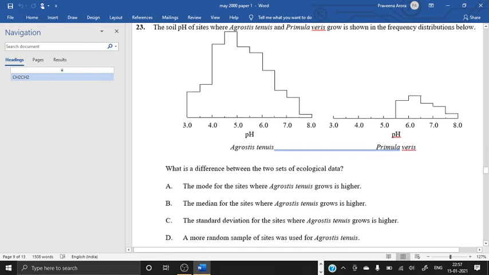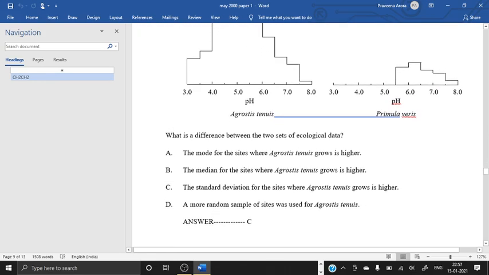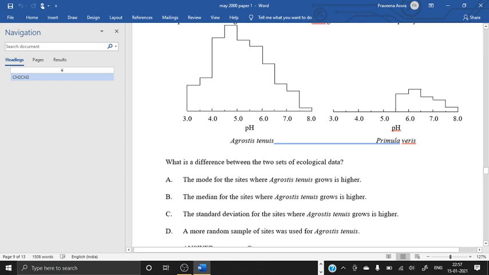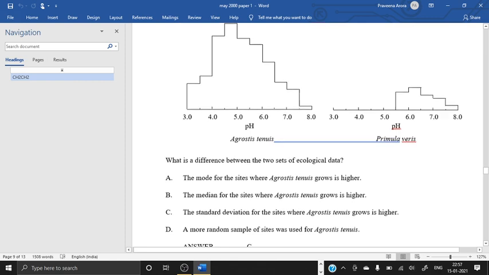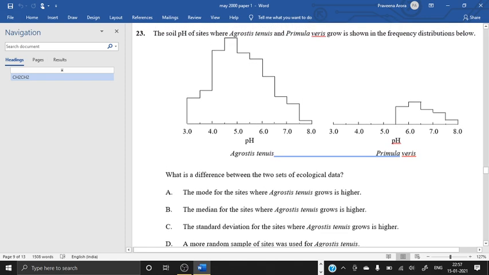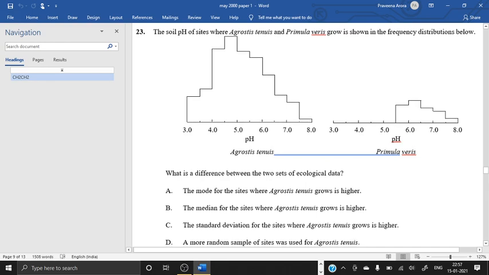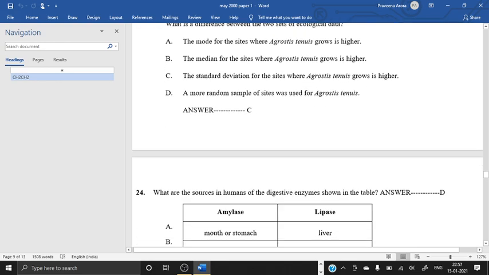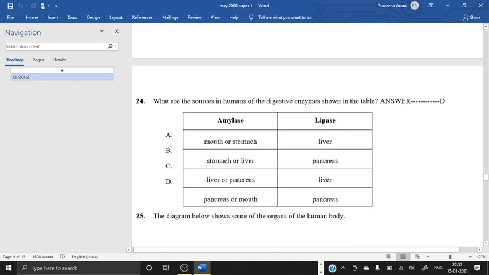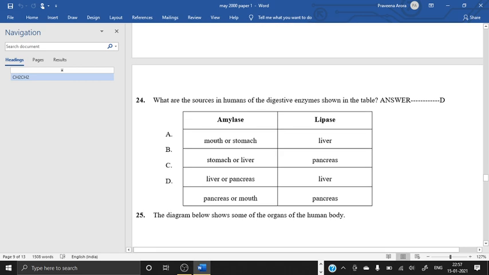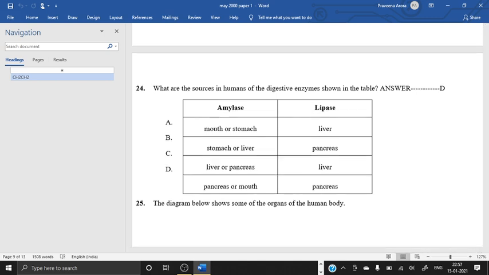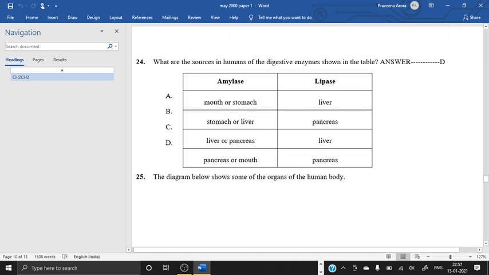Answer is C, that the standard deviation for the sites where Agrostis tenuis grows is higher. So you can just compare among the two. Then is the 24th. What are the sources in humans of digestive system secretions shown in the table? Answer is D, pancreas or mouth and pancreas.